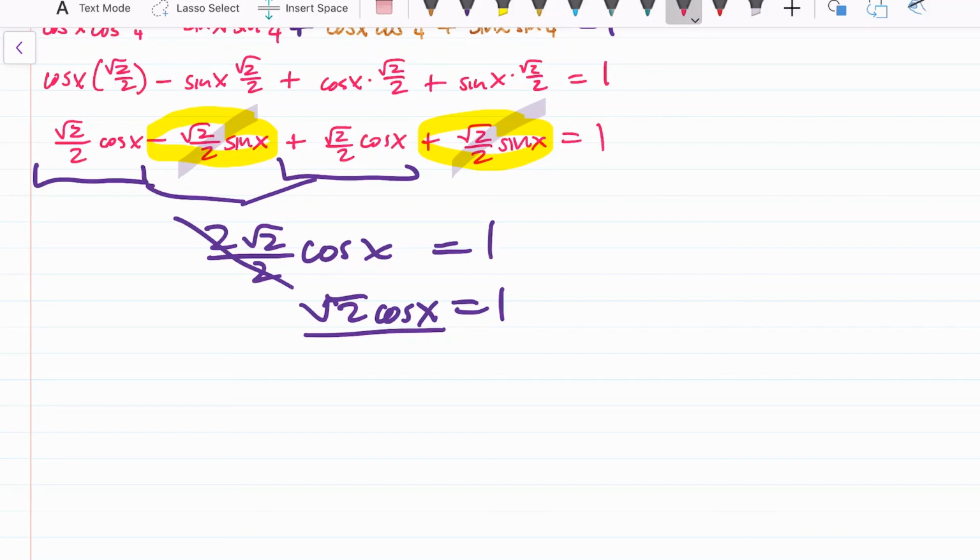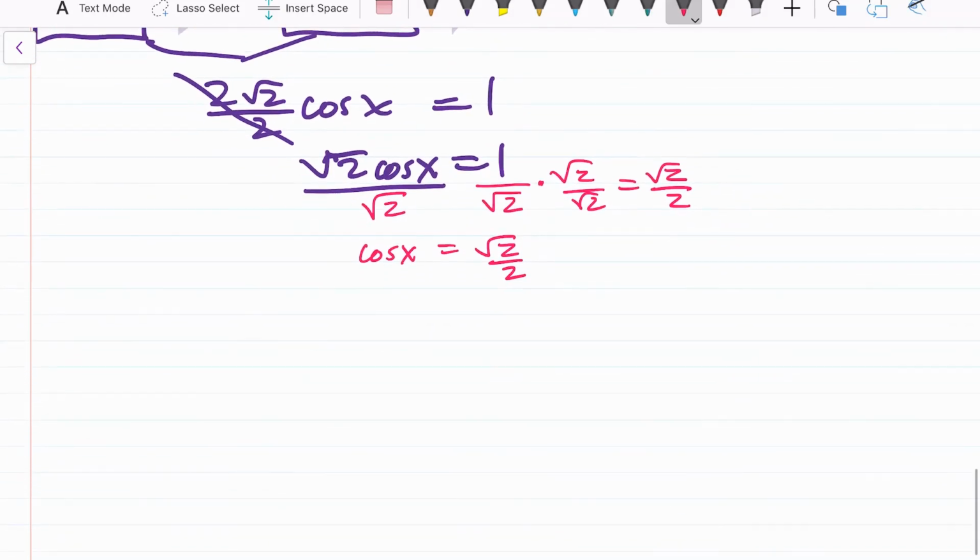So I will divide both sides by radical 2. So cosine x equals, and I'm going to simplify this out. Cosine x is equal to radical 2 over 2.